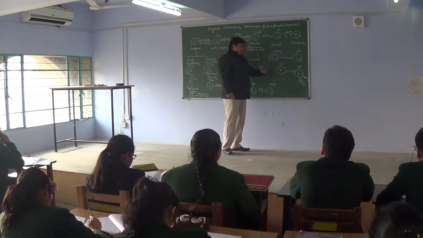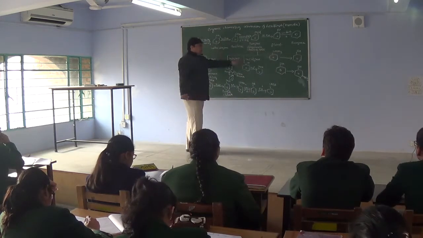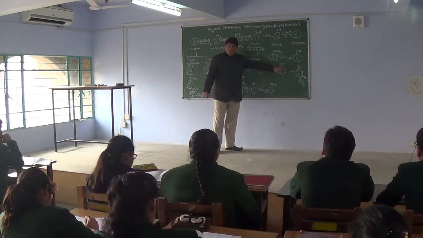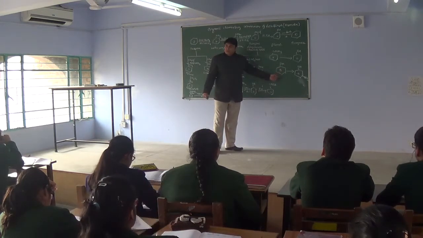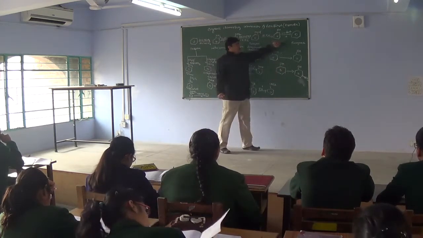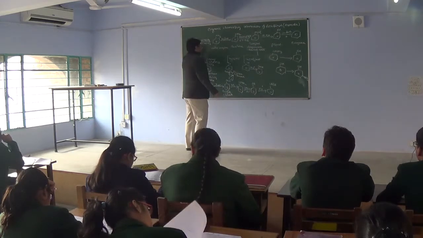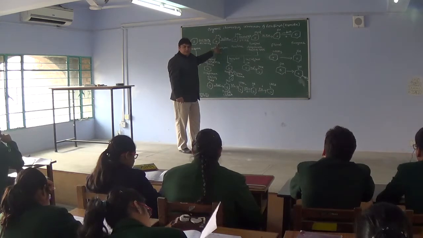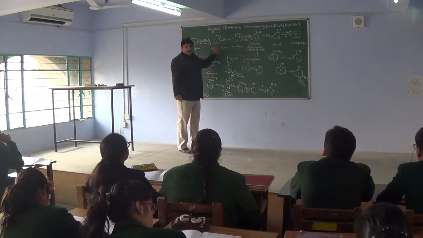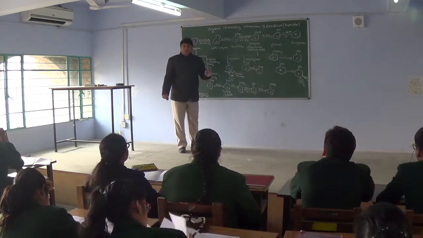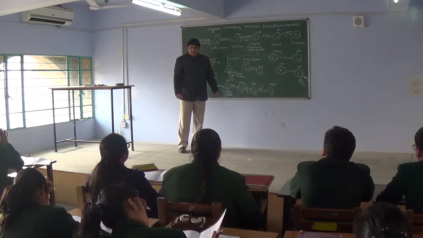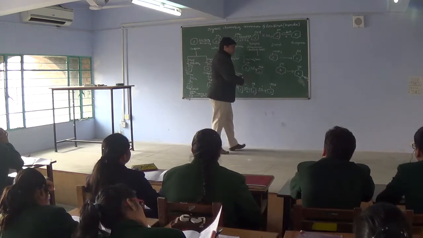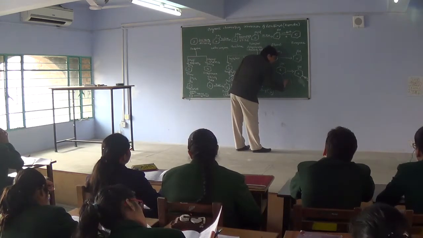If you start with nitrobenzene, that means phenol will change into nitrobenzene. Can you do this? How do you do it? Phenol into benzene and then into nitrobenzene. Then you start nitrating. If you start nitrating nitrobenzene, where will you find the nitro group? At the meta position.